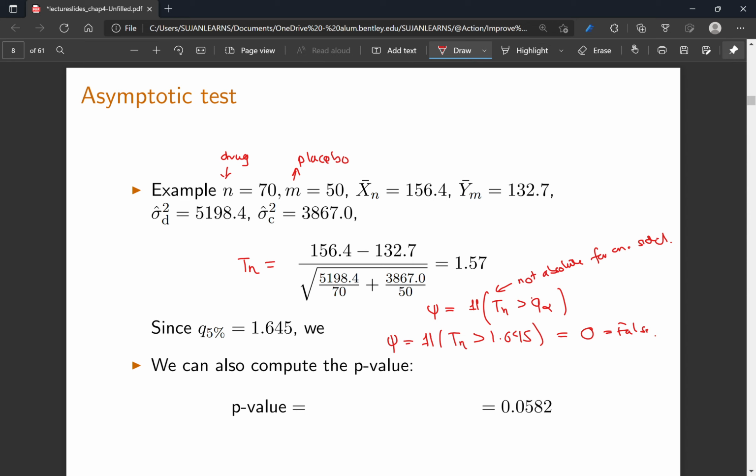Therefore, the formula for the p-value will be equal to the probability of Tn greater than the evaluated Tn.